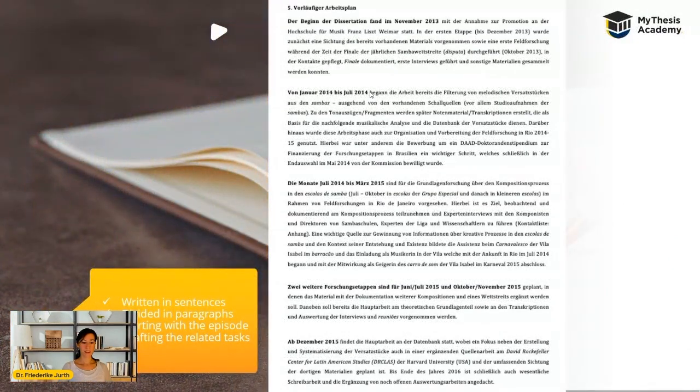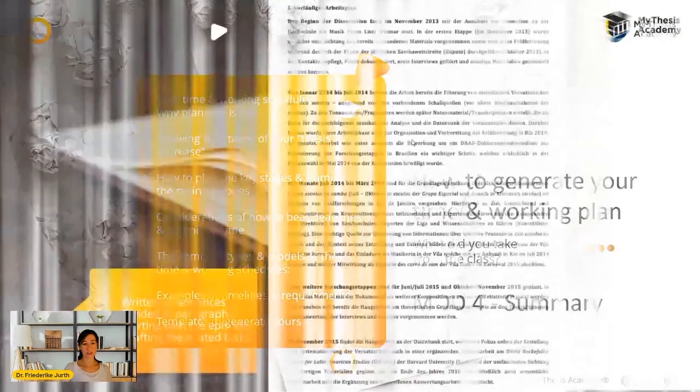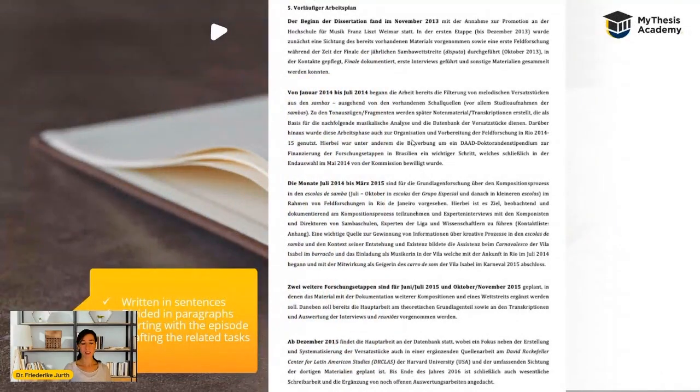So this is very similar, but as you can see here, you have another kind of model. You have the episodes in a highlighted form. This is the German example, but it is just necessary that you have a look at the format.